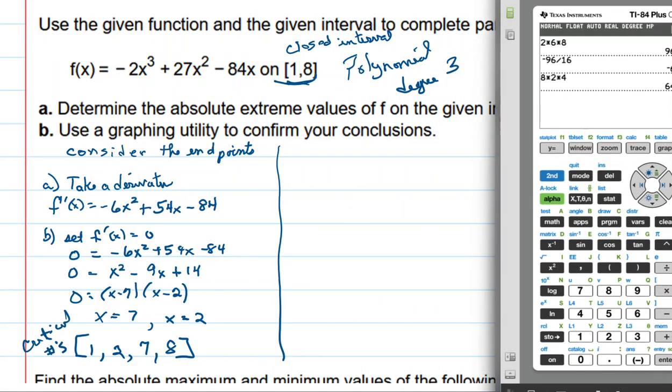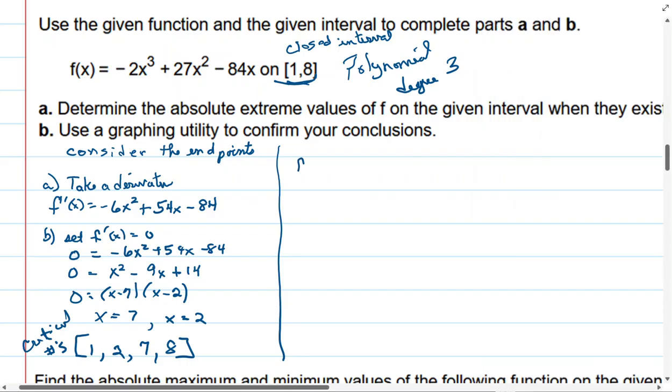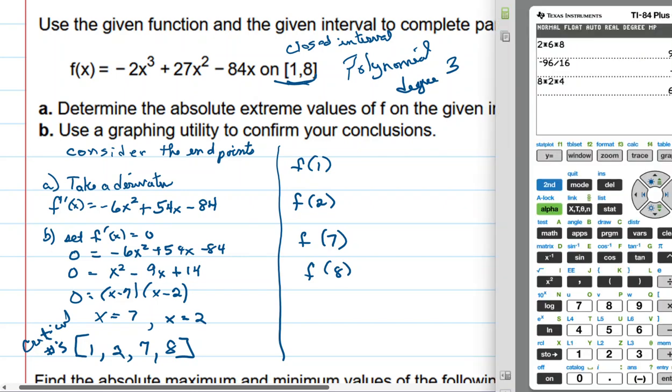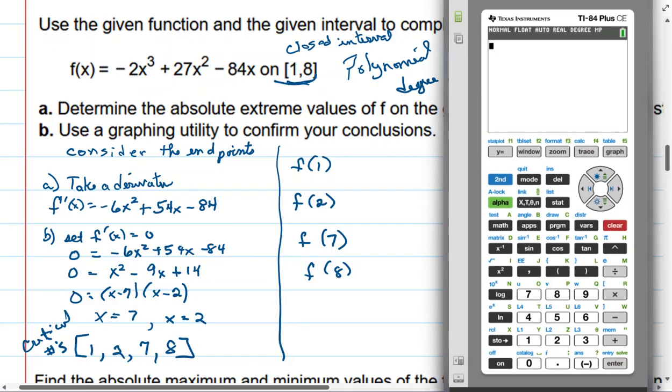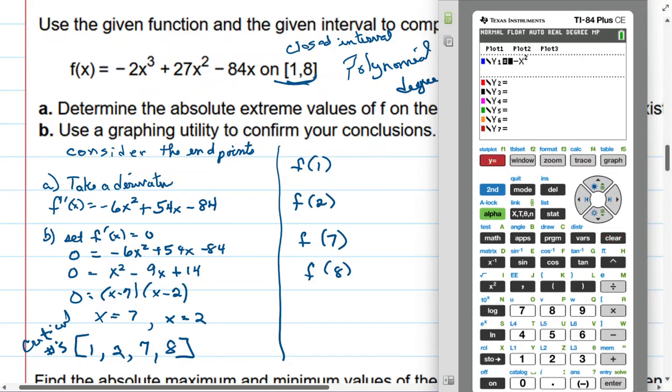What I want is going to be f of 1, 2, f of 7, and f of 8. So I'm going to clear whatever I have there, go to my y equals and clear what I have there and enter my original function, making sure I put a negative. Taking my time. You know I'm terrible.